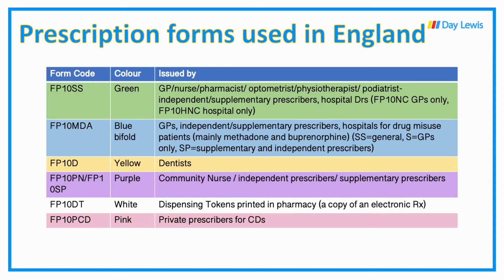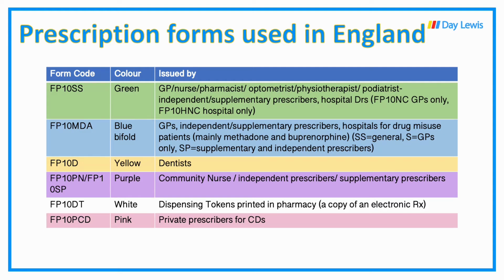So those are the yellow prescriptions. And then you've got purple prescriptions used by community nurse or even independent nurse prescribers. Those are your lilac scripts. Then you've got the FP10 MDAs, which are usually used by specific drug misuse clinics.